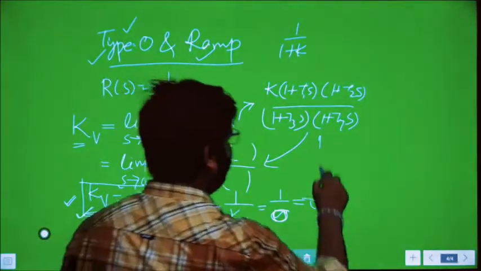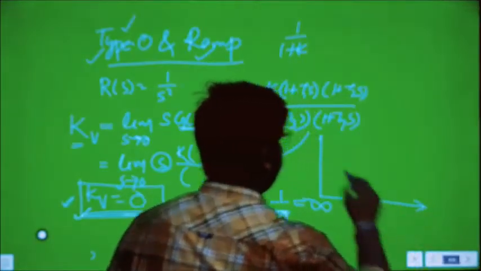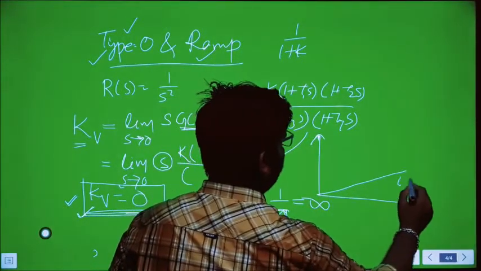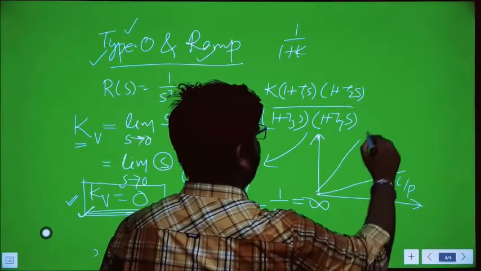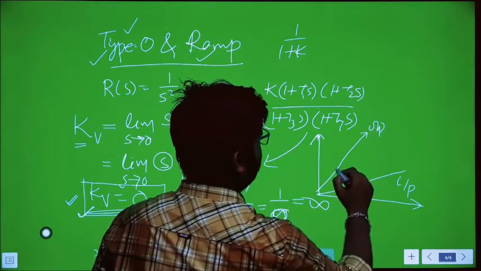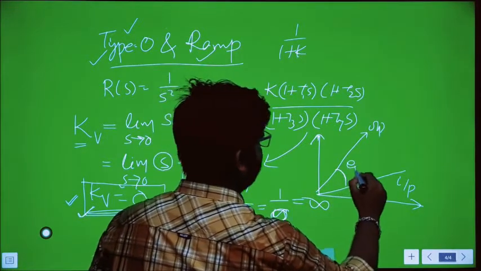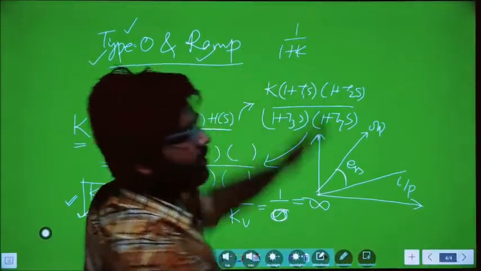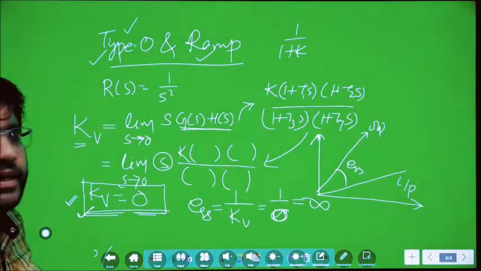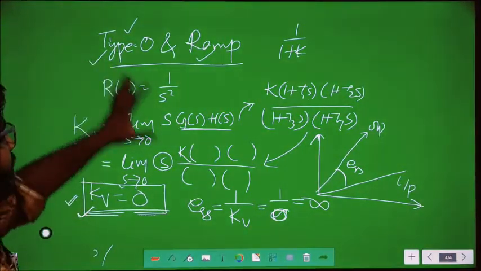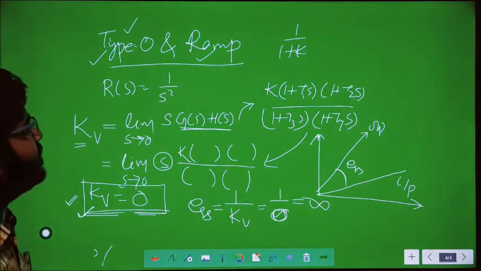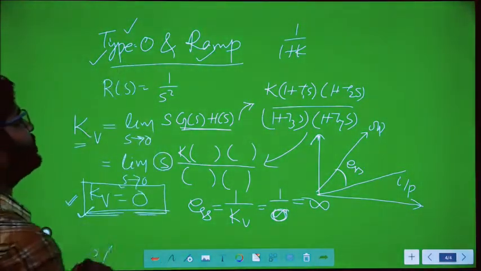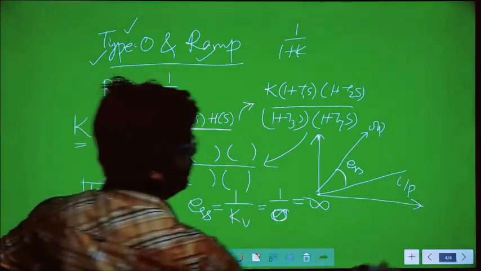If I plot input and output graphs, let's say this is my input and this will be my output, and this angle is nothing but ESS. Whenever time increases, the error becomes infinite. This is the demonstration of a type 0 system with ramp input. Let us study the same type 0 system with parabolic input.